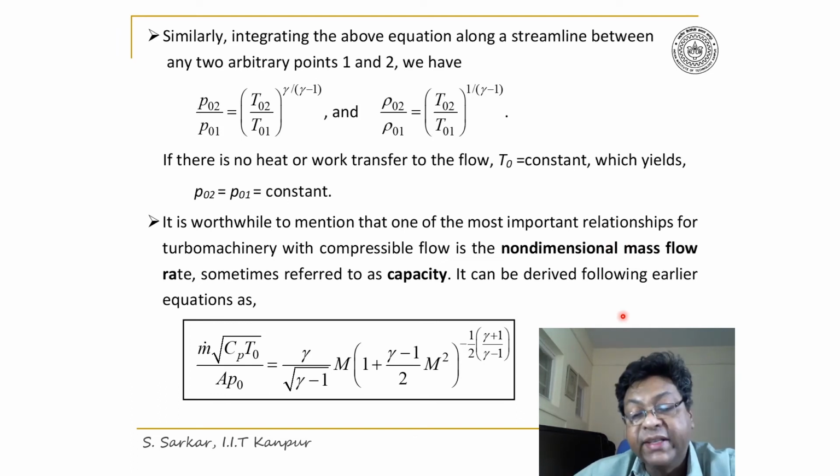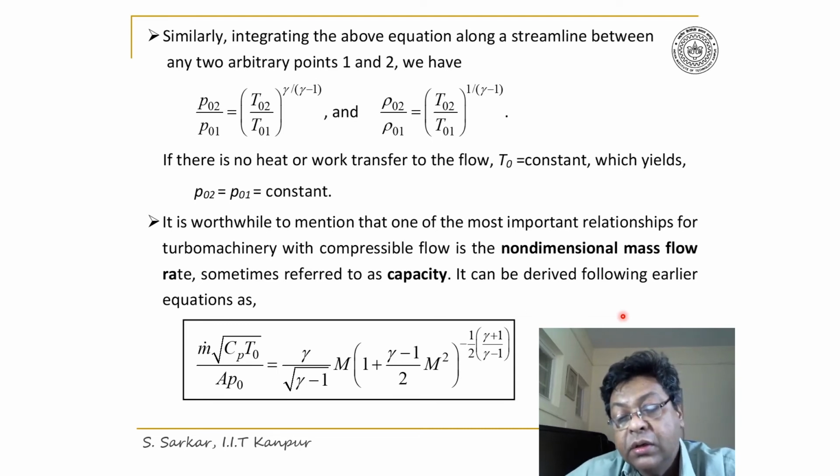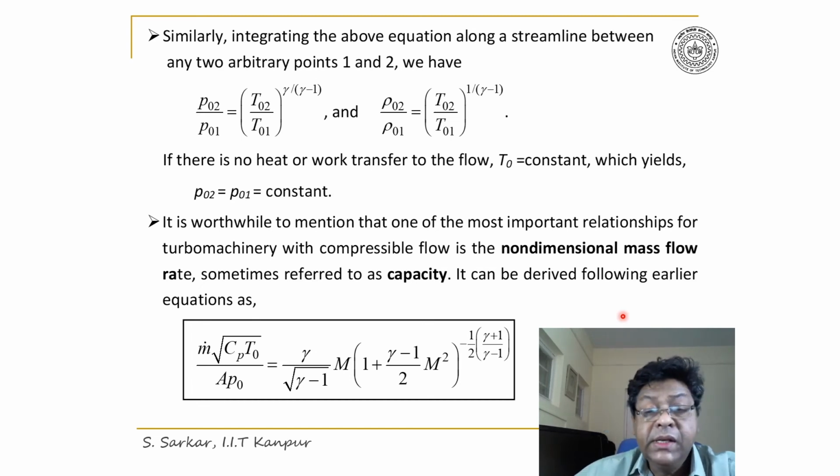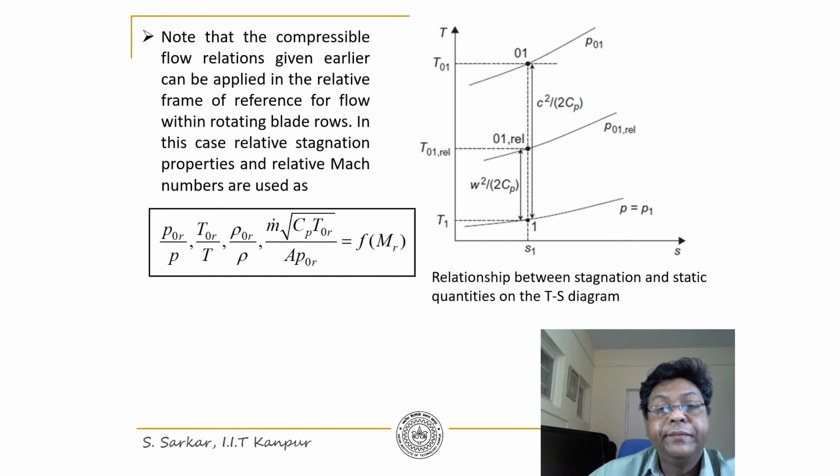So when you describe the flow field with respect to the impeller, we prefer to describe the flow field in a relative frame of reference. Why did I mention absolute and relative frame of reference here? If we go to the next page, you will understand.